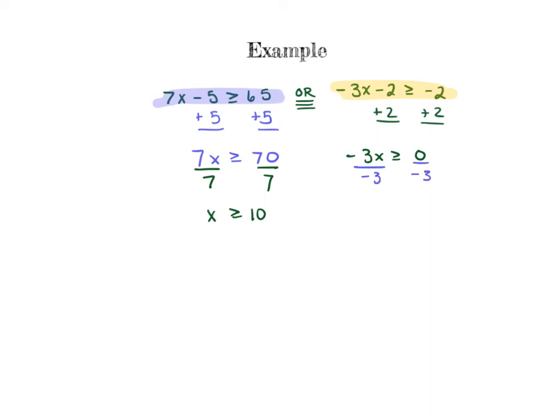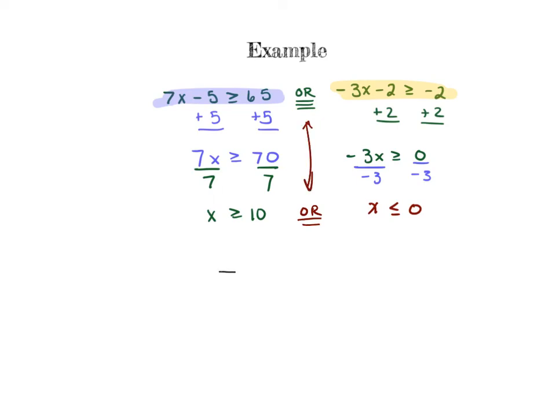Now note here, I divided by a negative, and when you divide by a negative, do not forget, you've got to flip that inequality. So it was a greater than symbol, and now it became a less than symbol because I divided by -3. Now remember, this is an or statement, okay, so keep track of that.